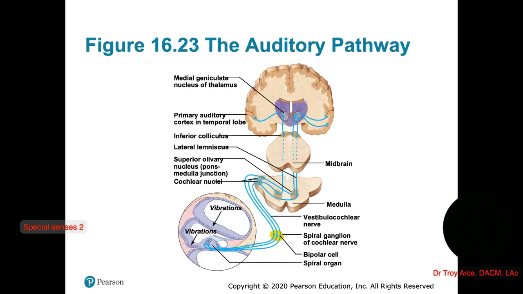So here's a good picture, the brain to the midbrain to the medulla, all the way down to those vibrations, where those vibrations take place with your afferent as they work their way up through the medulla to the midbrain, up and through the primary auditory cortex and the temporal lobe.